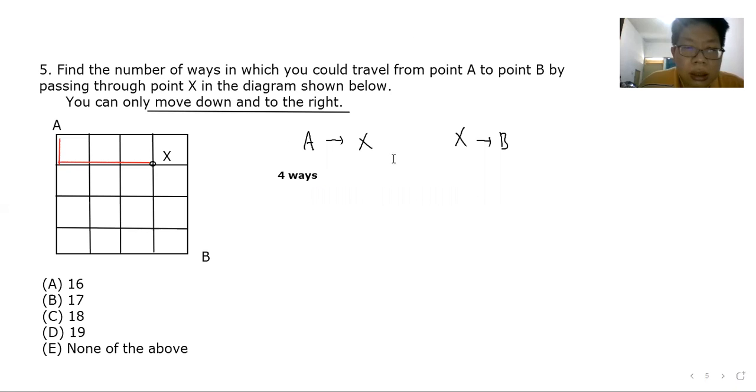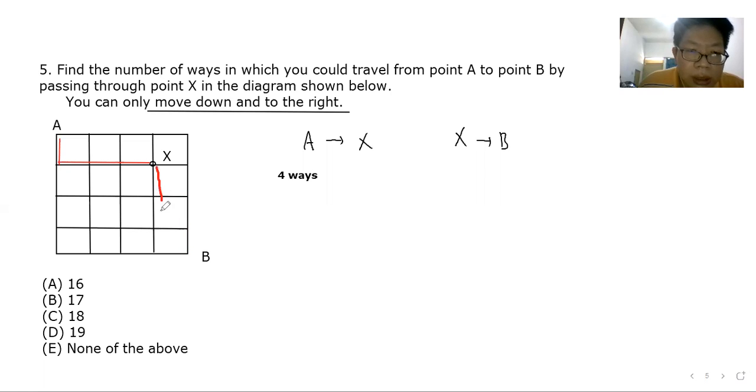And then we can do the same from point X to point B. How many ways? I'll show with the vanishing pen here. The first one is to the right and three steps down. First way. The second way is one down right here.